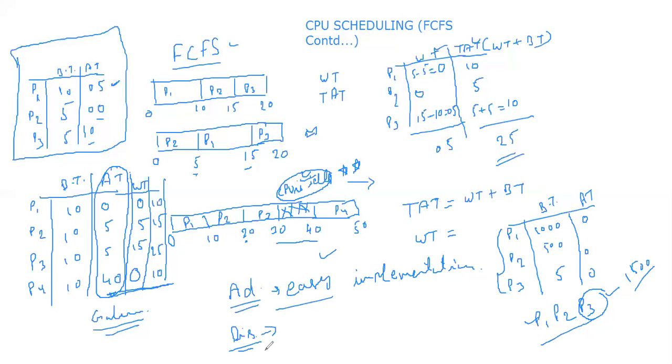It does not give advantage to any specific process on any criteria. It only says that the process which comes first has to execute first. Now, let's take another example of the disadvantage of this algorithm. Suppose you want to buy a movie ticket and you are in line, and the first person in line is some kind of broker who wants to take 100 tickets. The second one in line is the same kind of person and wants to take 30 tickets, and you are the third person who only wants a single ticket.